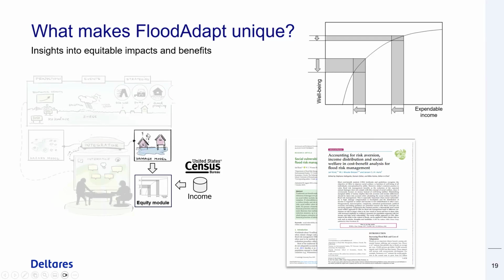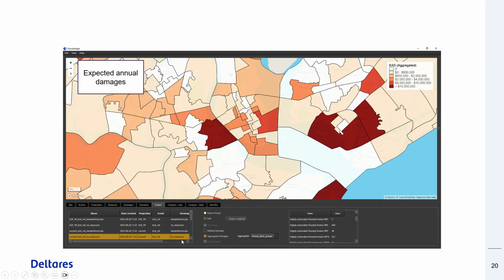And what we've done is we've connected the output of the damage model with an equity module that essentially encodes methods in recent literature, pulling in information from the census on income and returning equity weighted damages instead of just pure damages, taking into account this difference in income. So for example, what you see here are expected annual damages.